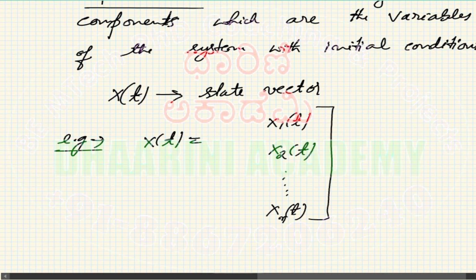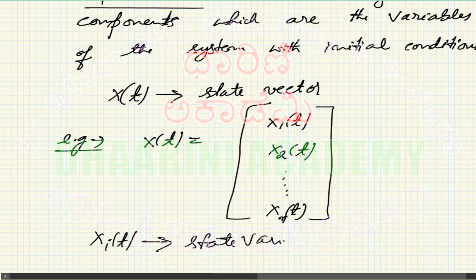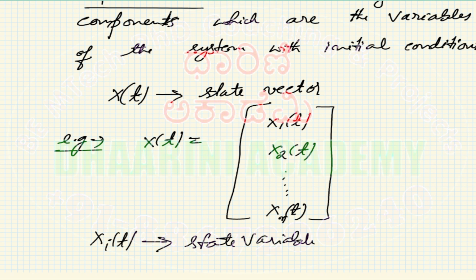Each one of them, x1, x2, x3, are the state variables of the system. I'll write any xi of t. This is a state variable. It's a variable because that value is a variable. Whatever you store there, initial values are different, correct?